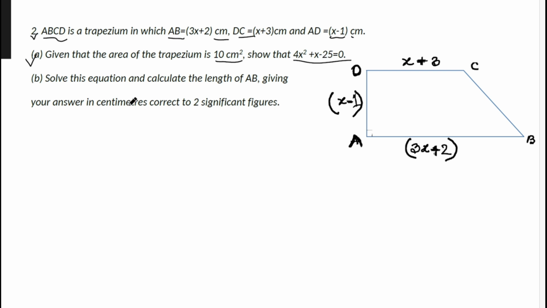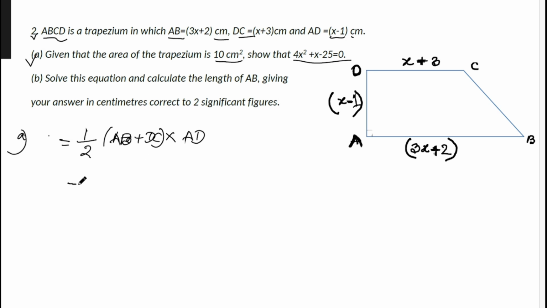As we know, the area of a trapezium is equal to half multiplied by the summation of parallel lines, that is AB plus BC, multiplied by the height of the trapezium, and that is AD.